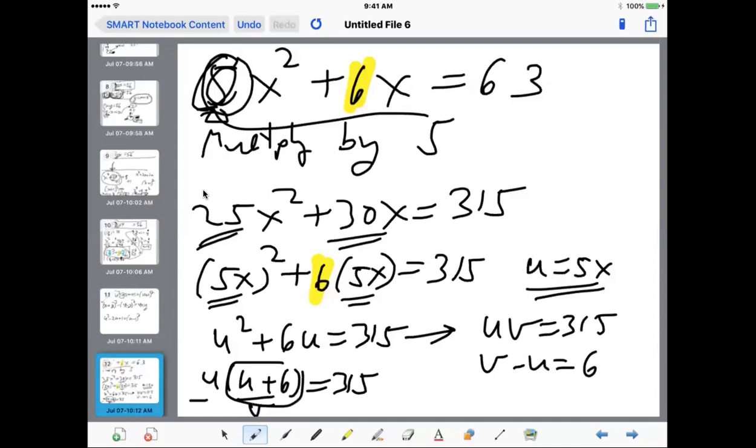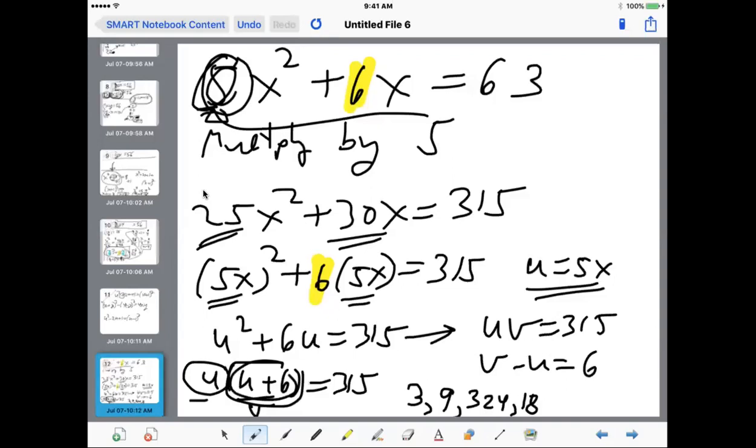And then we can go through the process. Half of 6, square it, add it to the 315, take the square root of that, and subtract. We want to know what u is. u is the smaller one because u plus 6 is the bigger one.